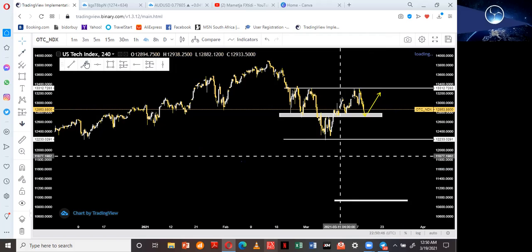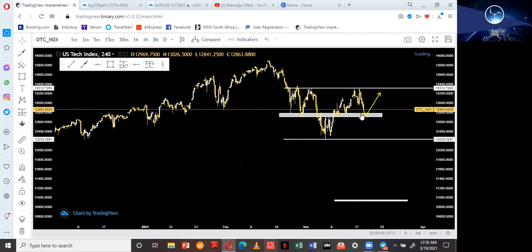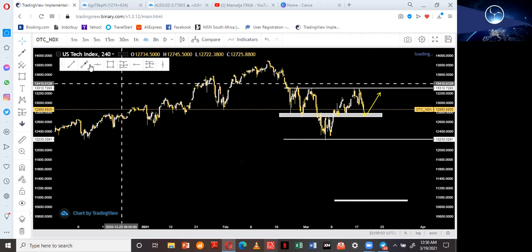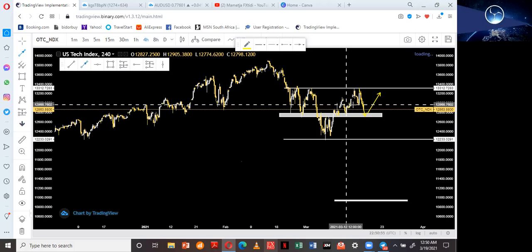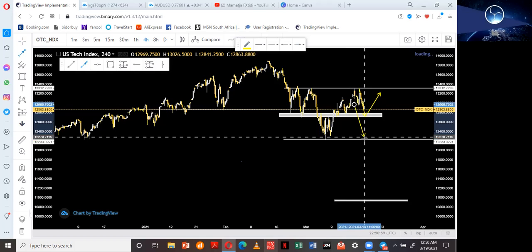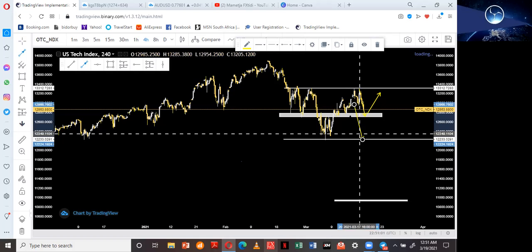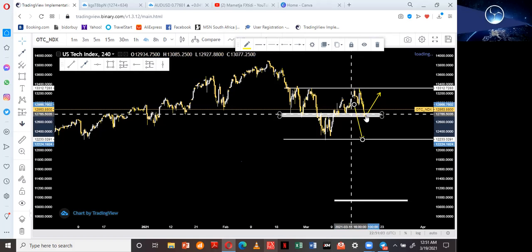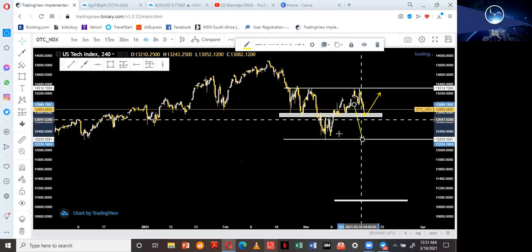But since it's Nasdaq, some news might come up and force it to come down here, to break below this level here and come to this level.